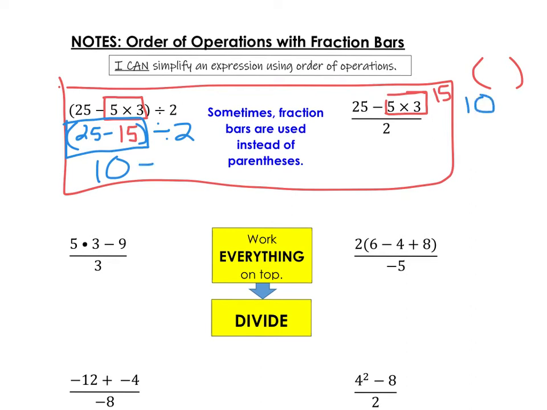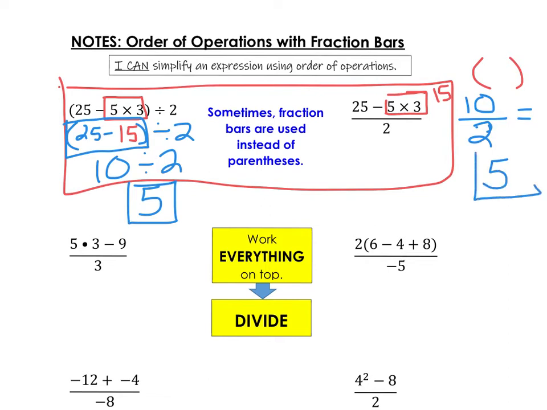And lastly, in this one we're going to divide by 2. Well, same thing here. Remember, a fraction is a symbol of division. So 10 divided by 2 is also what we're going to do in this one. You're going to see we get the same answer. 10 divided by 2 is 5, and 10 divided by 2 is also 5.